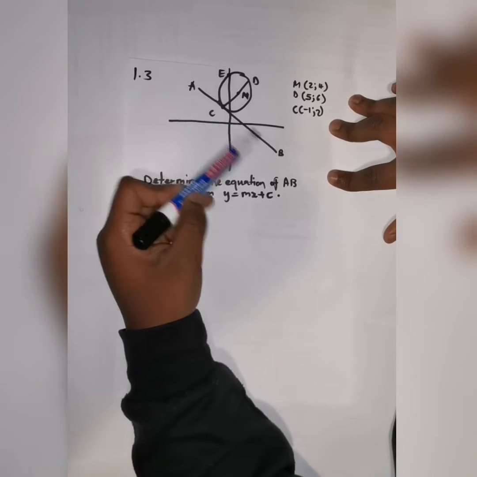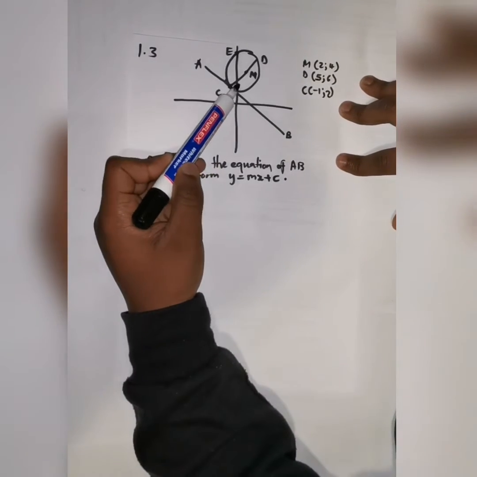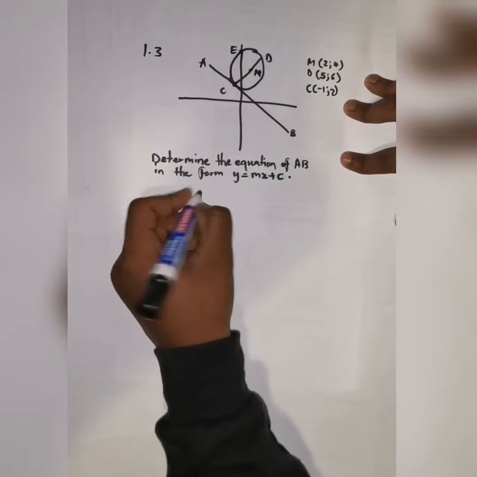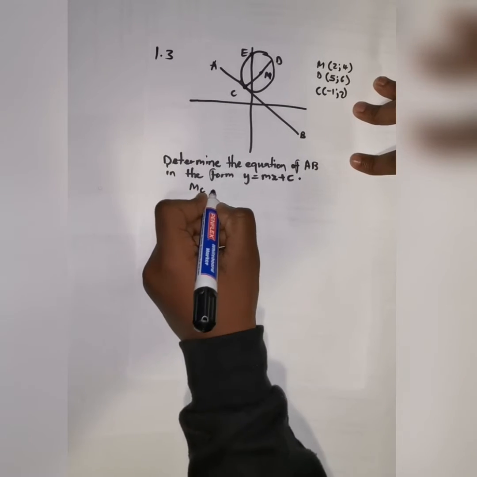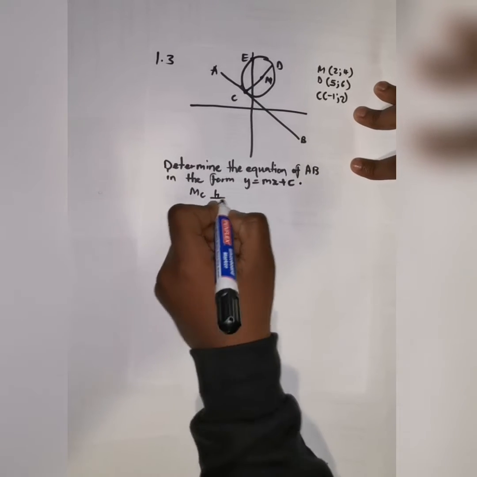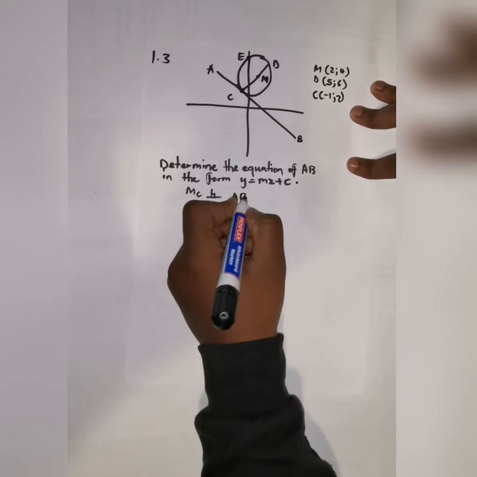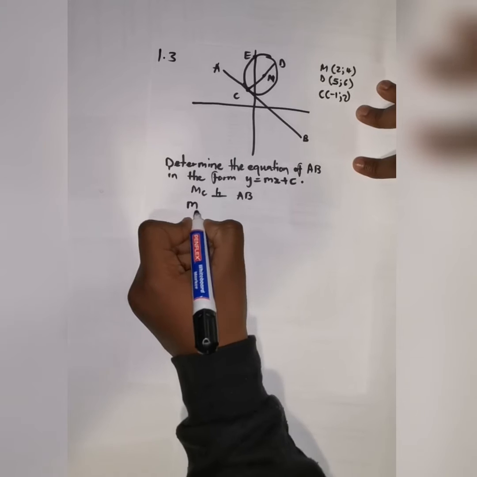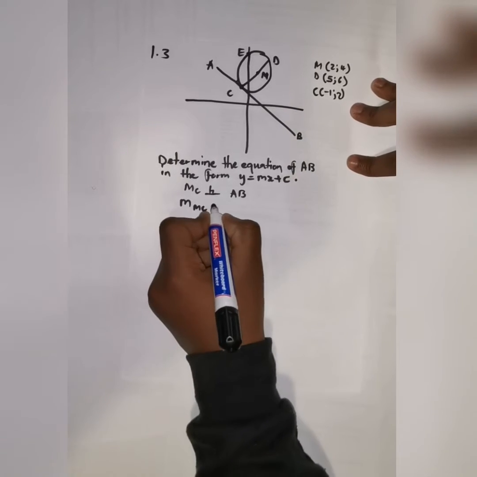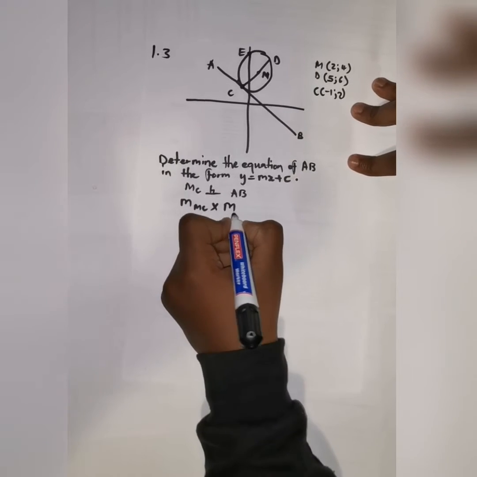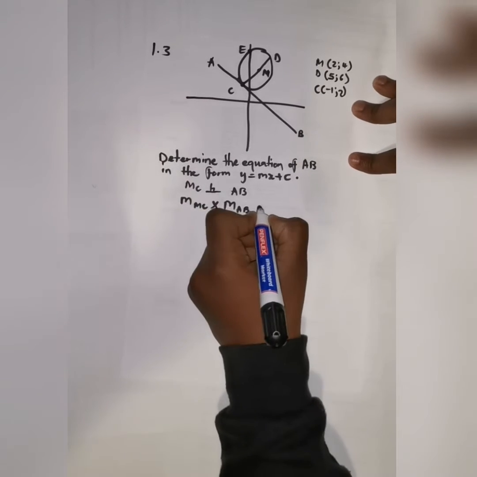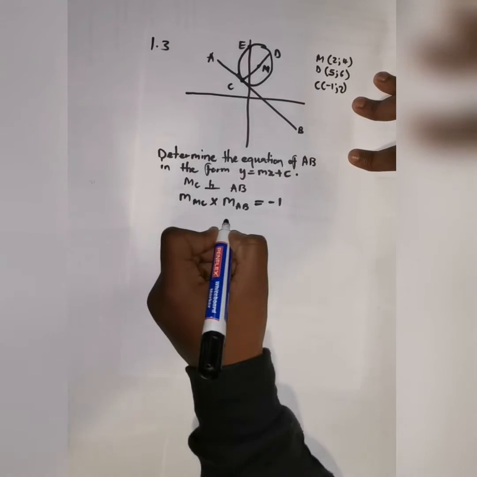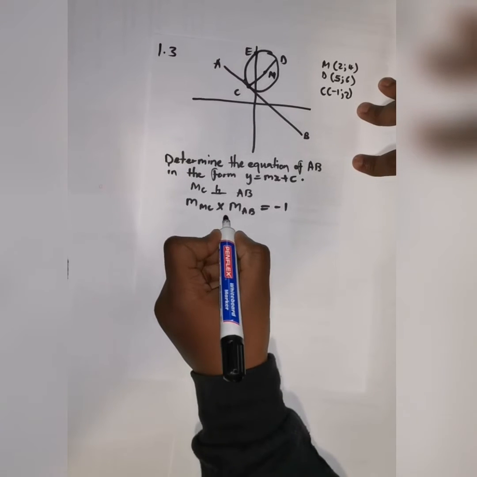So MC is perpendicular to line AB. It means that the gradient of MC multiplied by the gradient of AB is equal to -1.